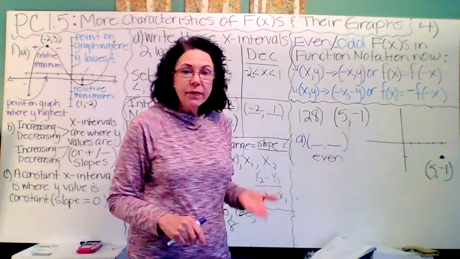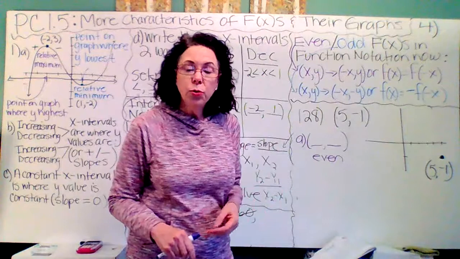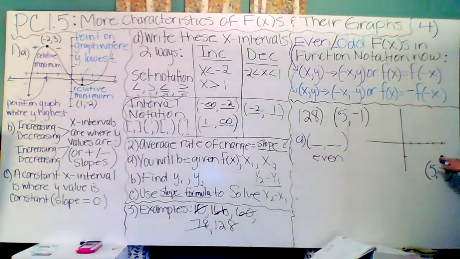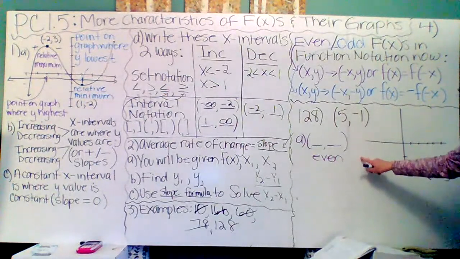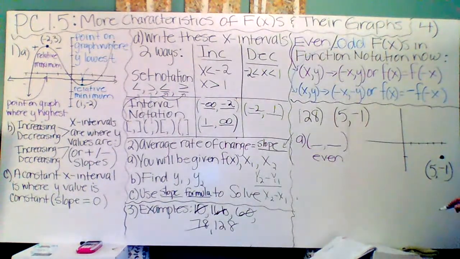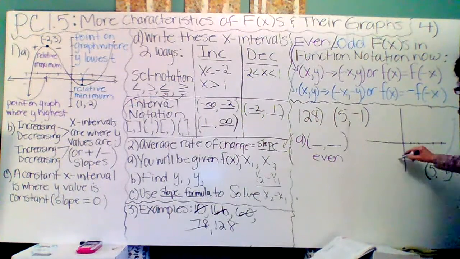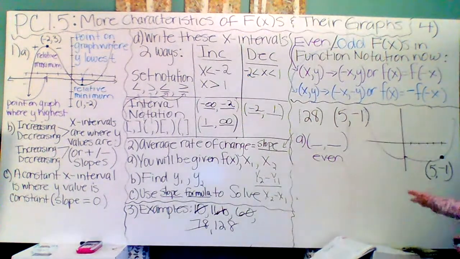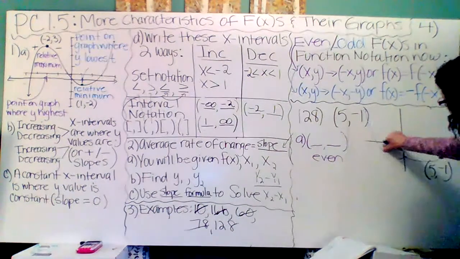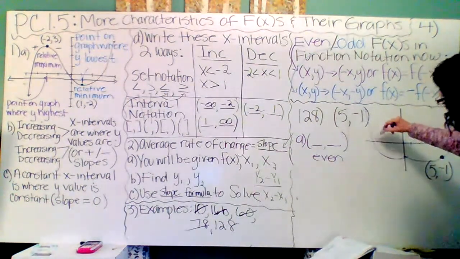Okay, even means symmetric to the y-axis. So that must mean there's another point over here, right on the other side that reflects over the y-axis. Another way of looking at it is let's make an even graph. Let's make one that goes like that, right? That's fairly even. So that means that there would be, if I had drawn it properly, more even, right?